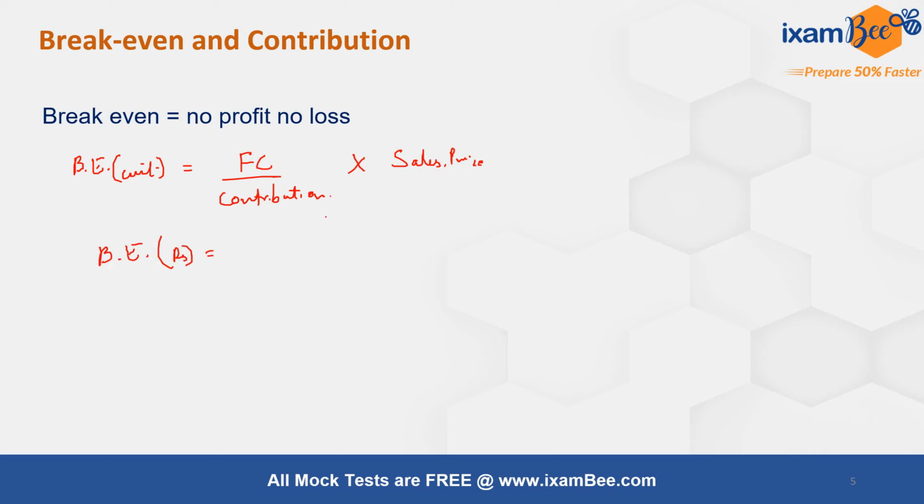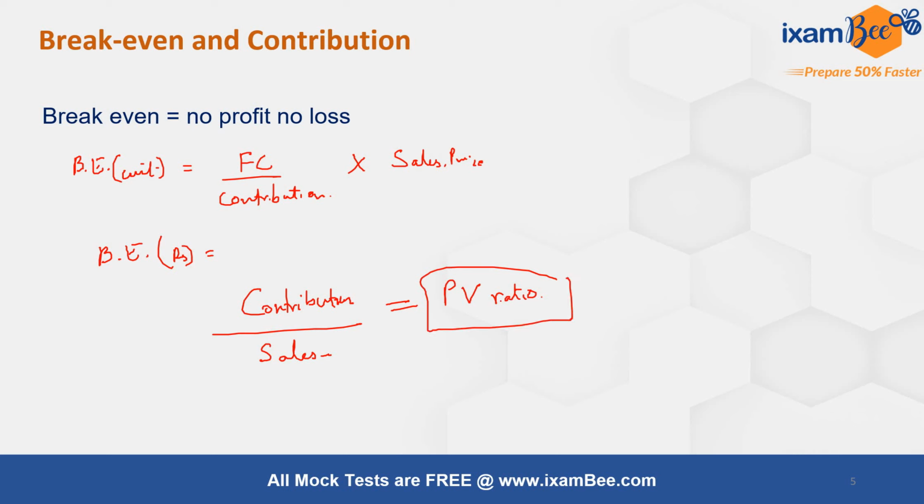Now there is another ratio which we call contribution divided by sales, and this ratio is known as my PV ratio.